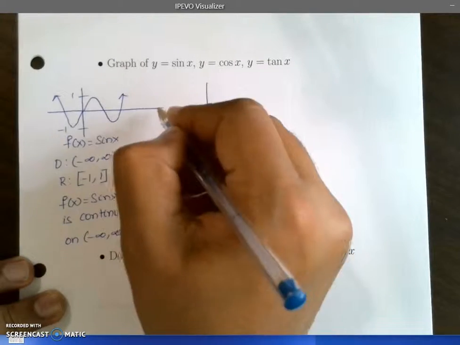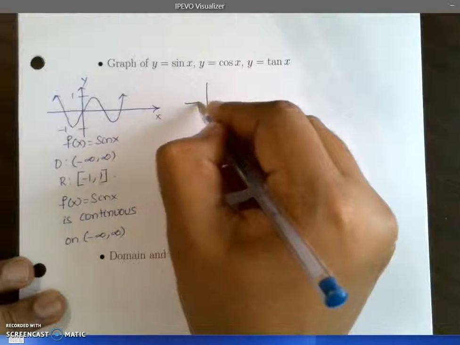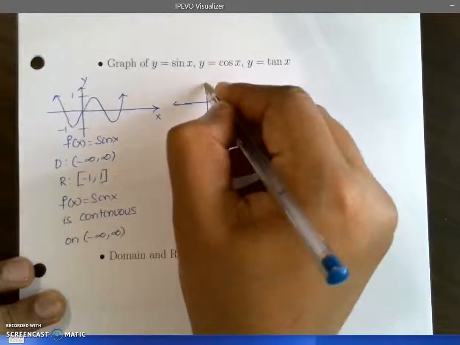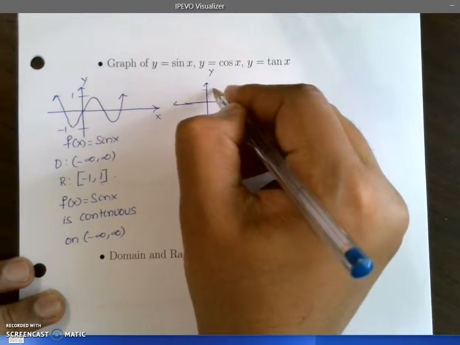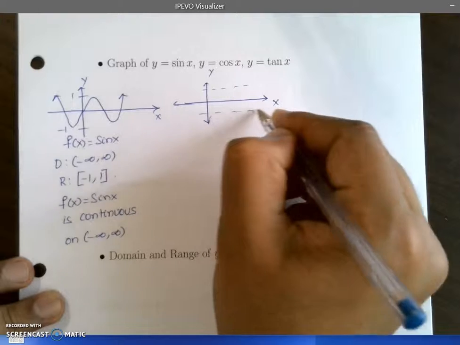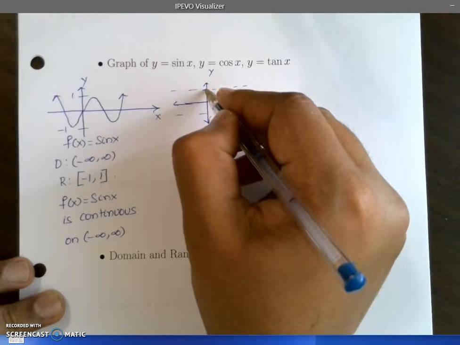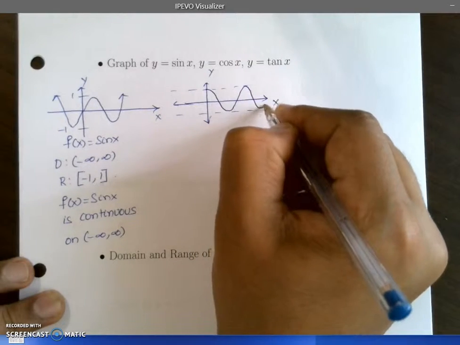Now let's consider the graph of y equals cosine x. This is going to be positive 1, that's going to be negative 1, and the graph of cosine x would look like that.